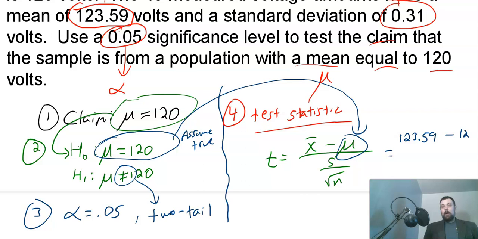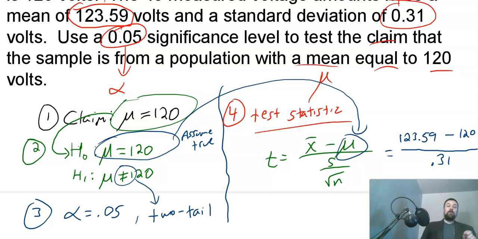Now, I kind of like this problem because these don't seem that different, right? I mean, the discrepancy here doesn't seem to be that big if you just look at the means. But what you have to also take into account is the standard deviation, right? Which is 0.31. And remember, the standard deviation is measuring the variation in the data set. And for a mean of 120, to have a standard deviation this small means there is not a lot of variation in the data set.